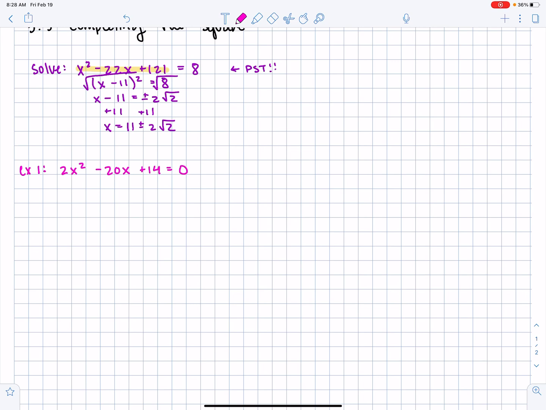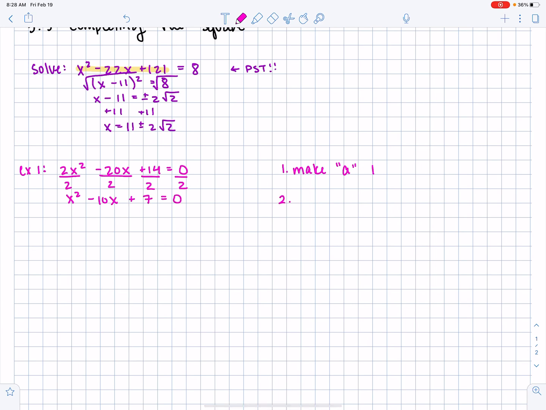The first step is that you want to make your leading coefficient a 1. Meaning that you're going to have to divide everything by a. Now, this might leave you with some fractions, but fractions are okay. I have set this one up to be nice and easy for us. So this is x squared minus 10x plus 7 is equal to 0.